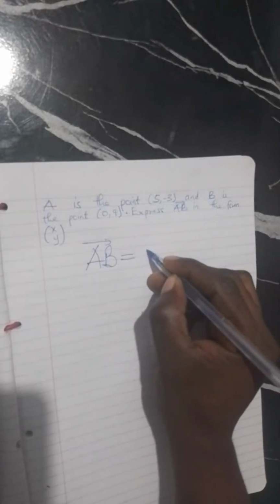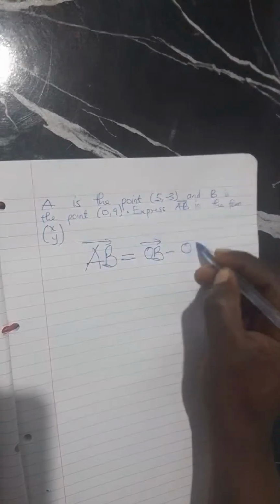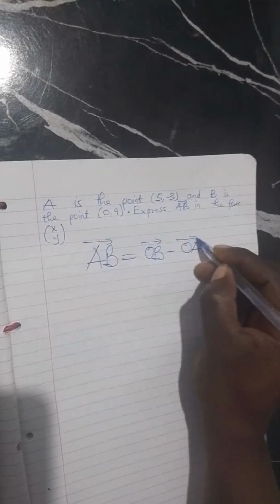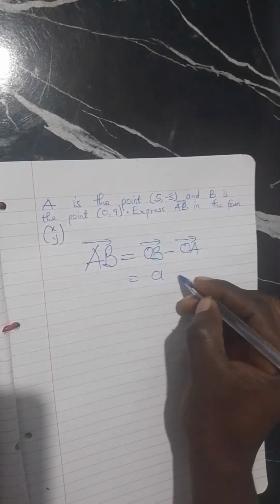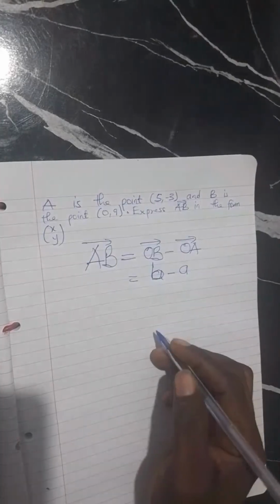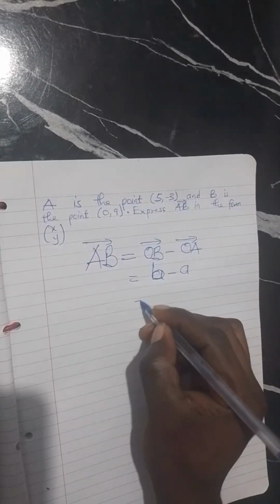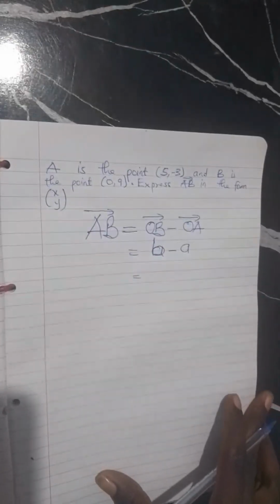You can use it in the form OB minus OA, or in other terms, you can write it as b minus a in small letters. So this is what we call position vectors.